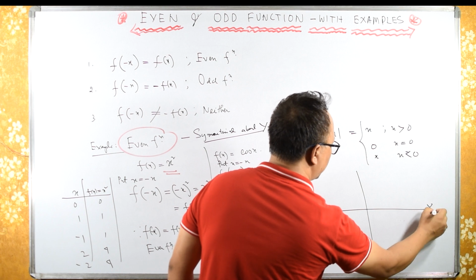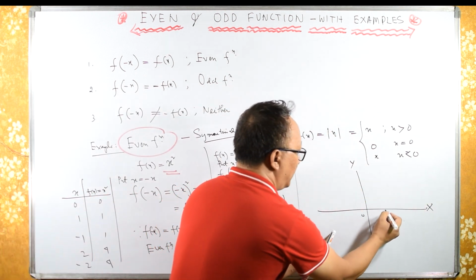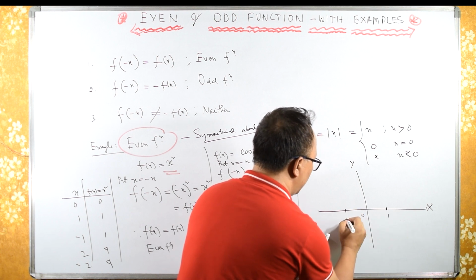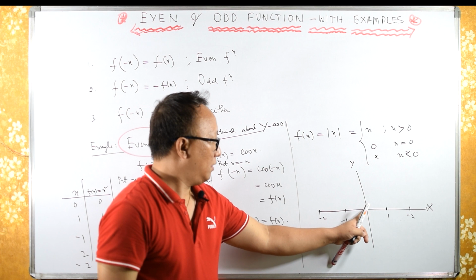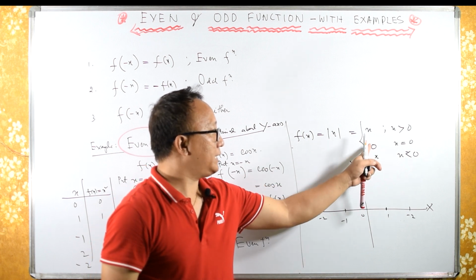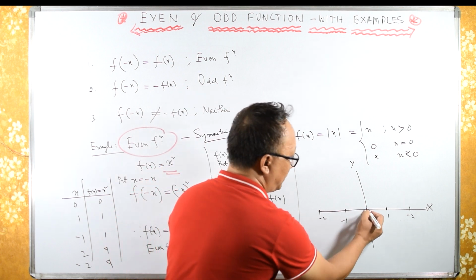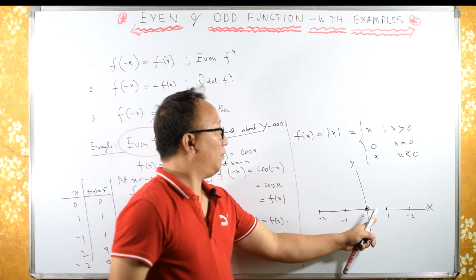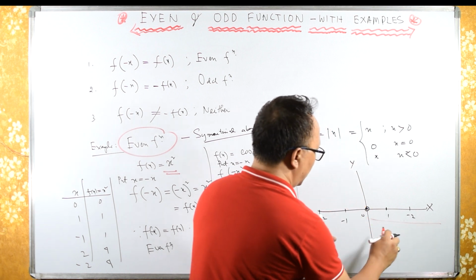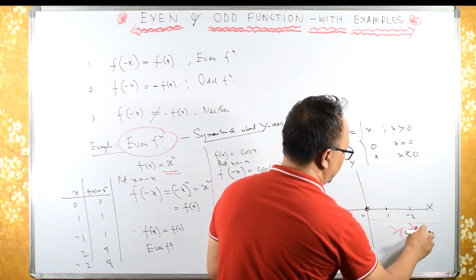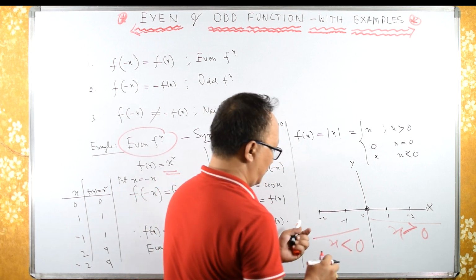Now let's consider x, o, y. Here 1, minus 2, 2. When x equals 0, f of x becomes 0. This side is x greater than 0, and this side is x less than 0.